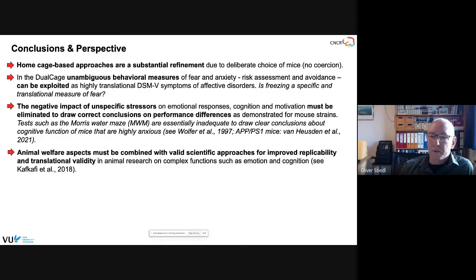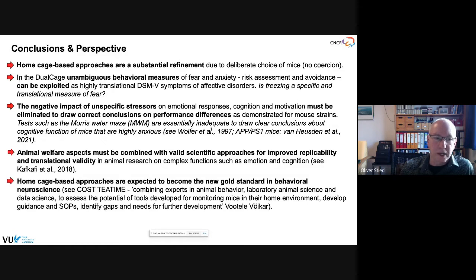And of course, it's important because we want to replicate and we want to translate research which is not specific to the lab, so that the credibility crisis that we currently have can be overcome.